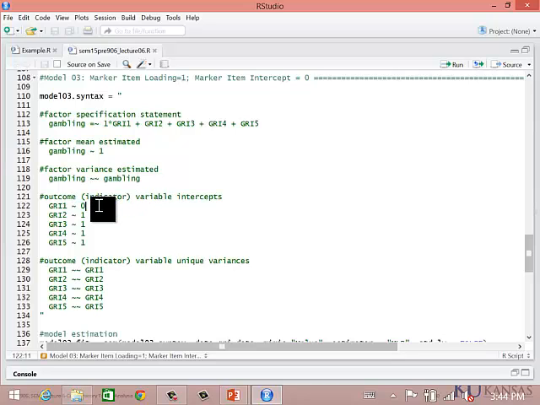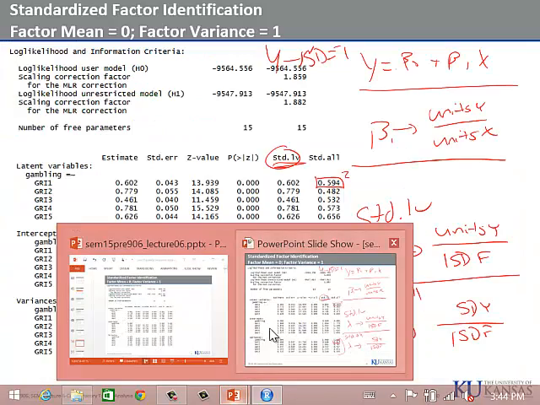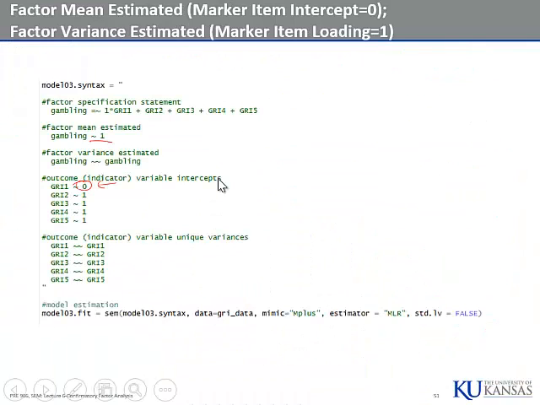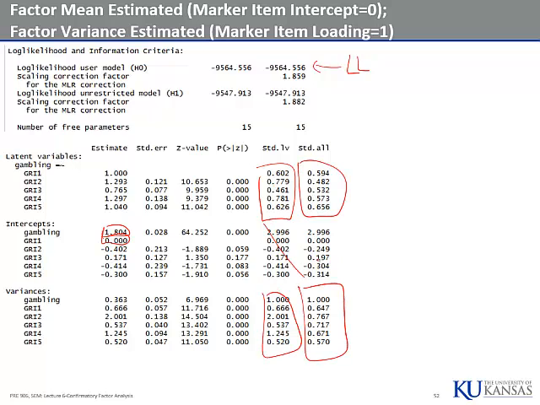That is the marker intercept to estimate the factor mean itself. When you estimate that, here is what you get. Same log likelihood, so it's the same model and the same values in each of the standardized boxes. By the way, the standardized values for intercepts are just crazy to me. I don't even know what they mean. The intercept doesn't go up however many units, so dividing it by some standard deviation doesn't do anything for me.